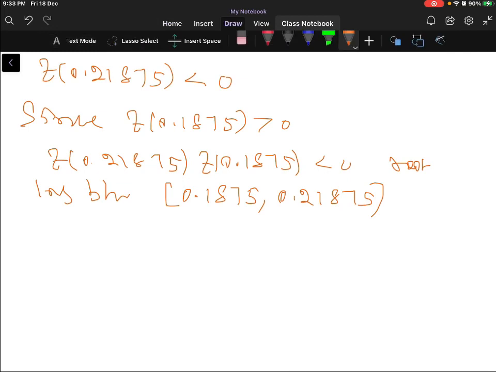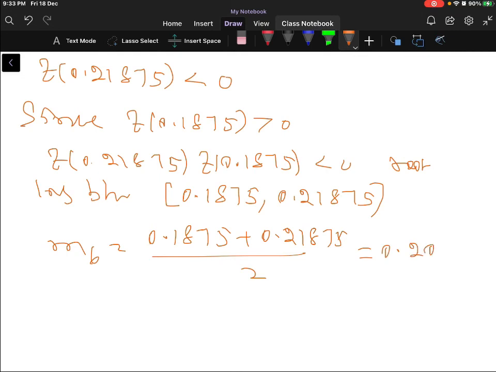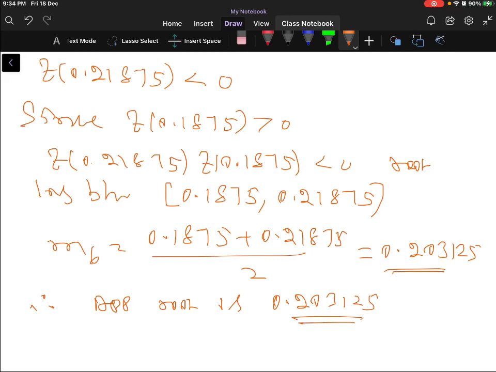Again bisect the interval, we get m6. m6 is (0.1875 + 0.21875)/2. So we get 0.203125. Therefore the approximate root is 0.203125.